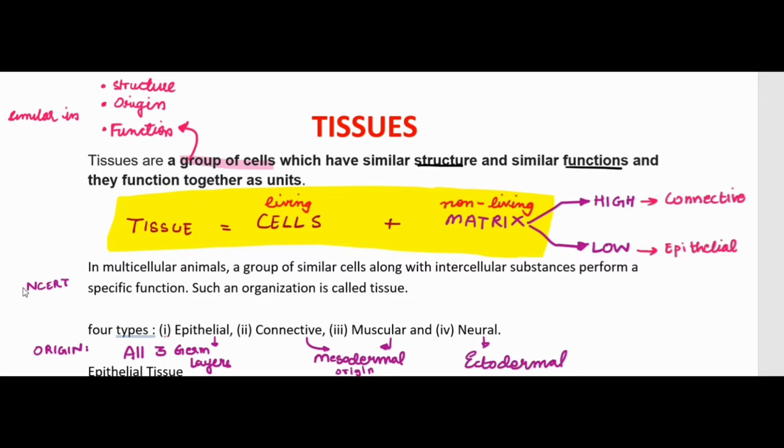So we are talking about origin. So this origin means from which germ layer the organs develop. So the germ layer derivatives. So now I hope you are able to understand the three germ layers.